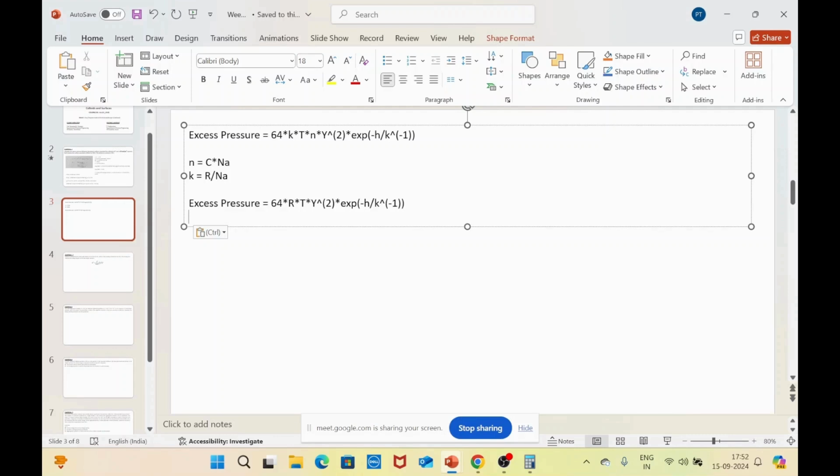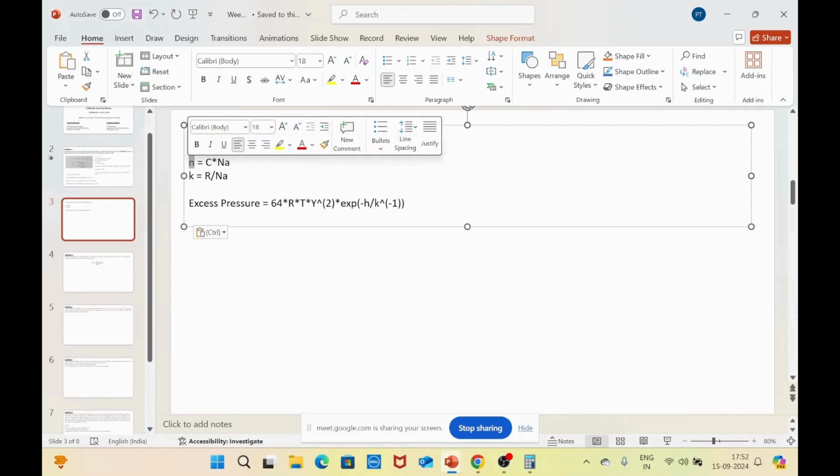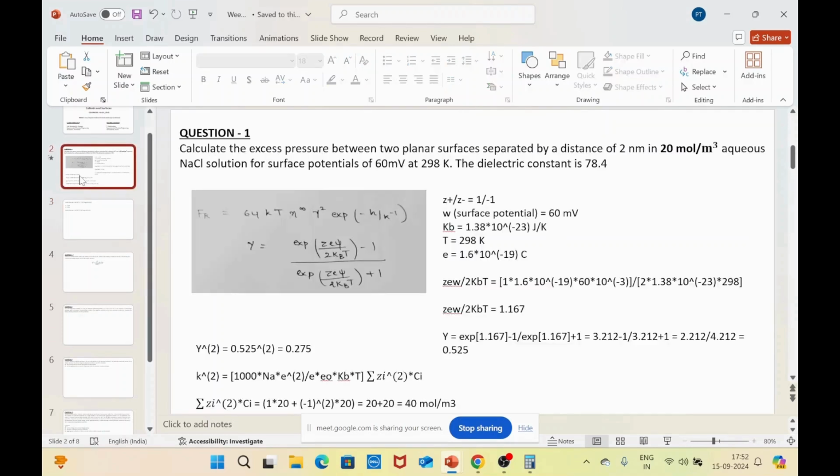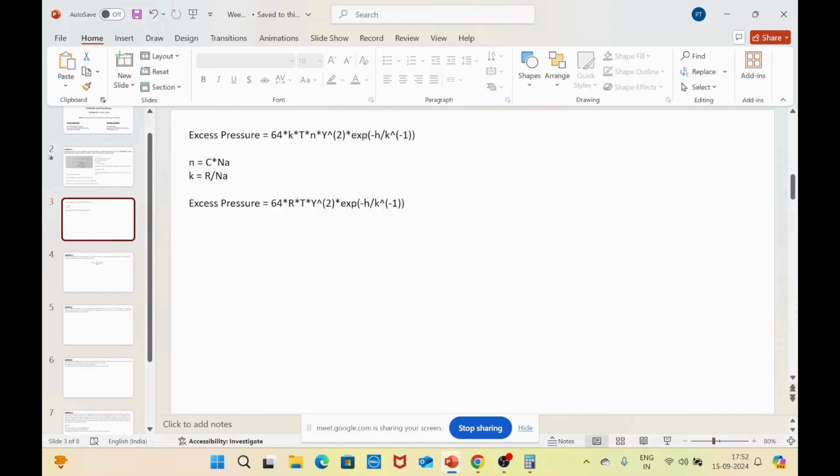So that's how you need to express that n in terms of concentration, that is your molarity, and Na. So if you remember, n is nothing but molarity times Na, but the unit of molarity is moles per liter.